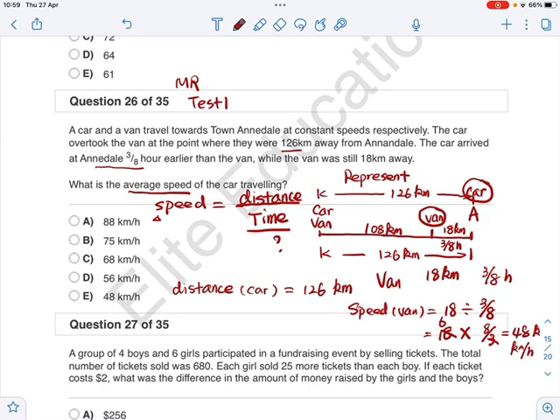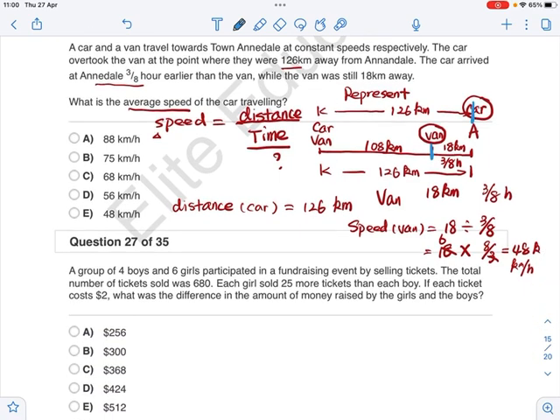When we know the speed of the van, we are closer to the correct answer, because when the car covers 126 kilometers, the van covers only 108 kilometers. In other words, when the van arrives here, the car arrives here. The time they use is actually equal. So if we want to know how long the car takes to cover 126 kilometers, we need to find out how long the van takes to cover 108 kilometers.